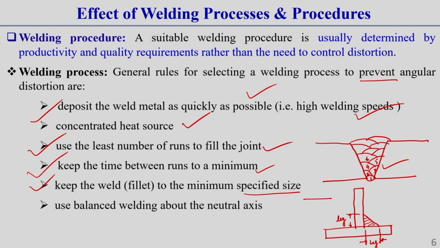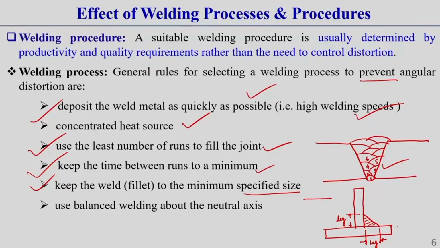It is observed that the leg length should be within a range of around the thickness of the plate, because there is a rule book. Once we follow the rule book, you will get all the details for different thicknesses, what the leg length should be, what the throat thickness should be, and all those things. But the smaller the fillet size, the less your welding deformation and distortion will be. This you should keep in mind.